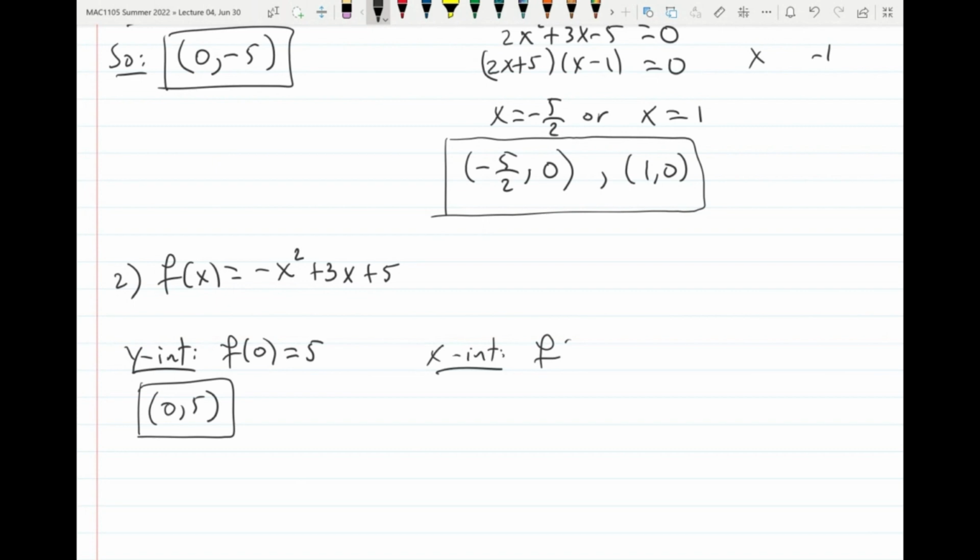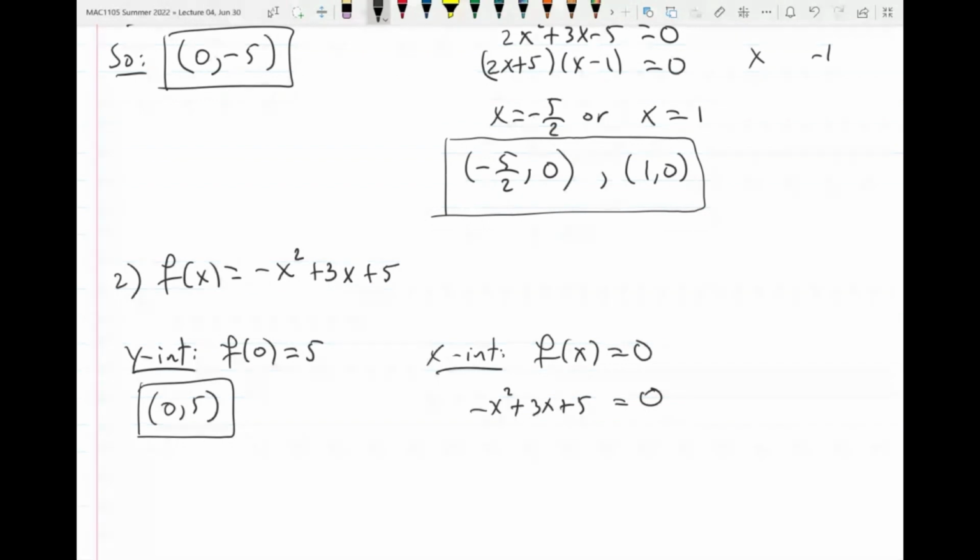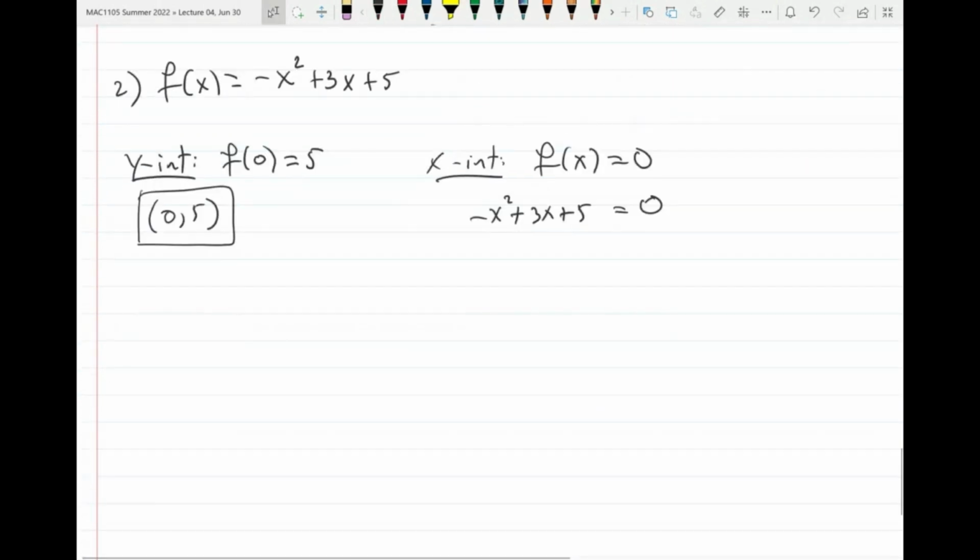And then for the x-intercept, you have to solve this equation. Can we factor this? Can we factor it? So how do we solve this? What do we need to do?